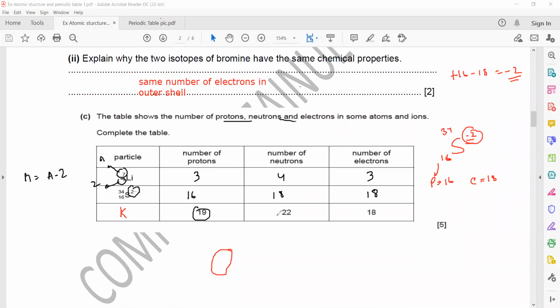Nucleon number means the sum of protons and neutrons. There are 19 protons and 22 neutrons, so when you add them, the sum is 41. And the atomic number is the proton number, so that is 19.